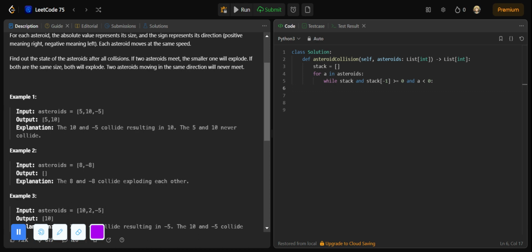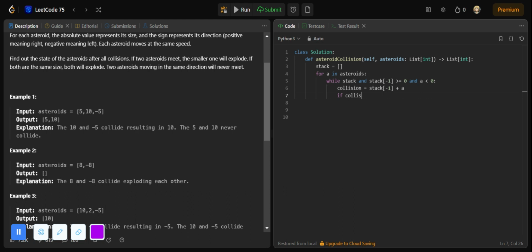One thing we can do is have a collision variable, which is the stack top plus the magnitude of the current asteroid.